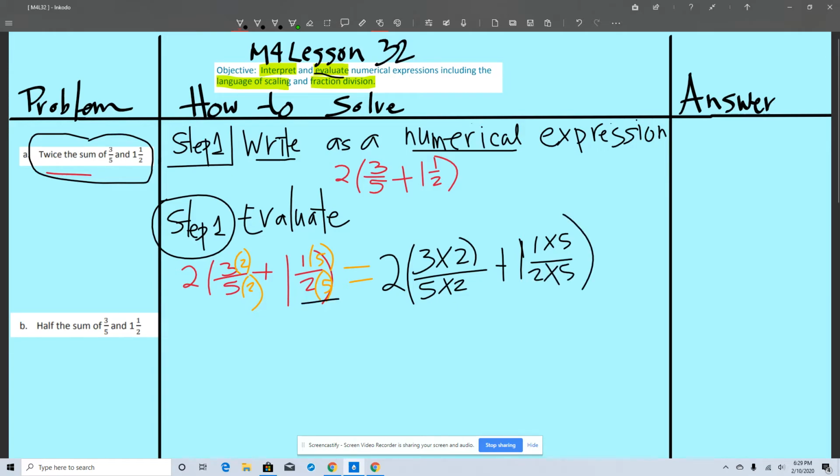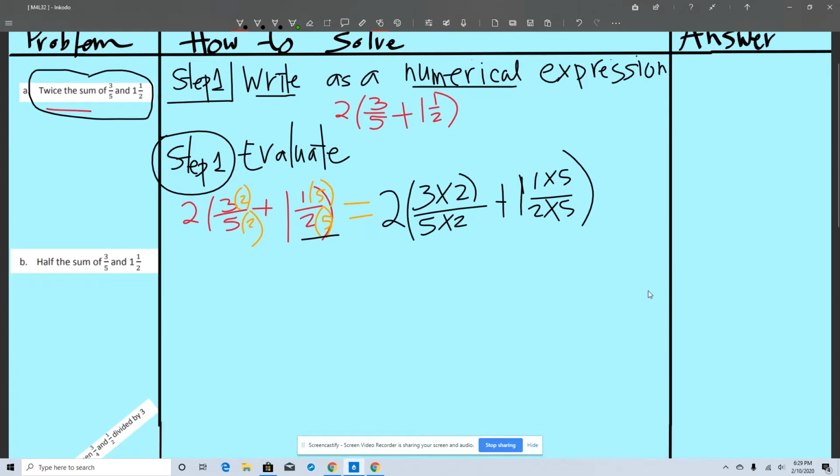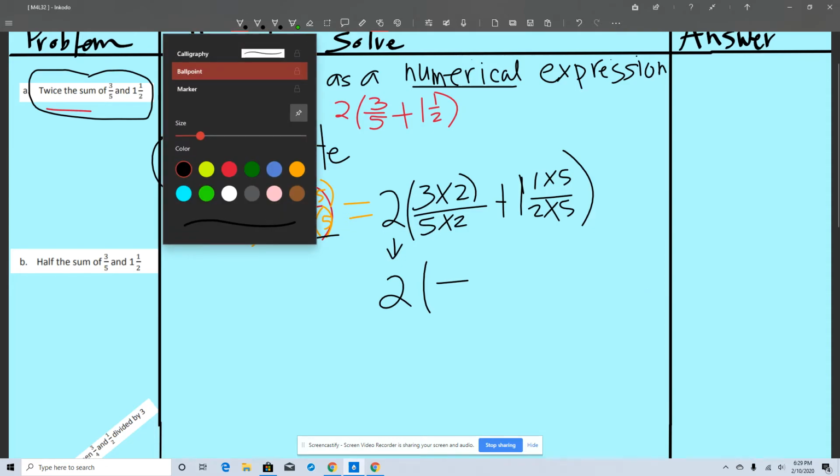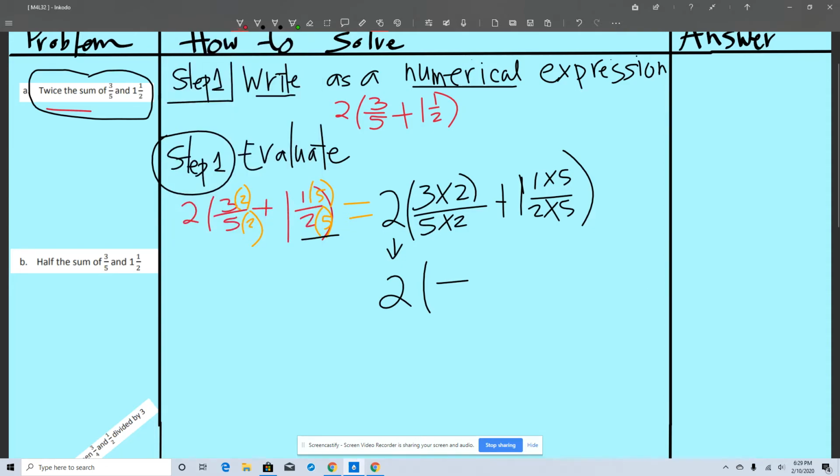Okay, and we close that. Now we're going to solve it, and we're going to rewrite the 2, and we're going to write the fraction for this particular problem on the top. Let me write it down. 3 times 2 equals 6. 5 times 2 equals 10 plus 1. 1 times 5 equals 5, and 2 times 5 equals 10.